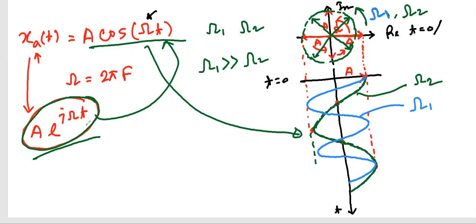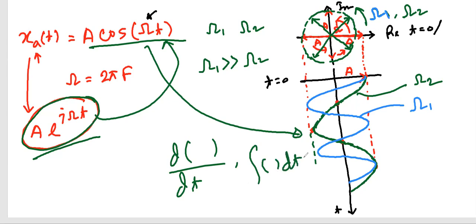To be very precise, my response is that it is very easy to do the differentiation and the integration of a signal when it is in the form of an exponential term. It's very difficult to do the differentiation or integration if it is in the form of cos or sine.